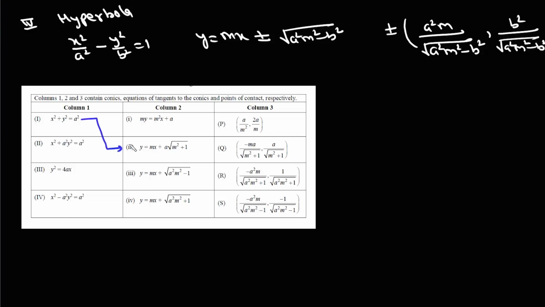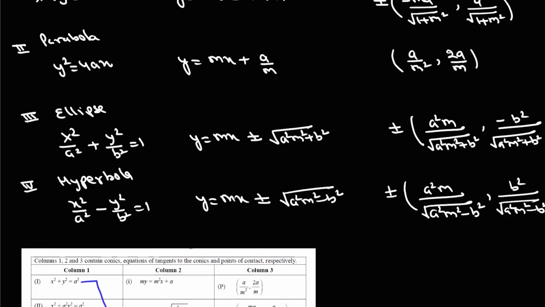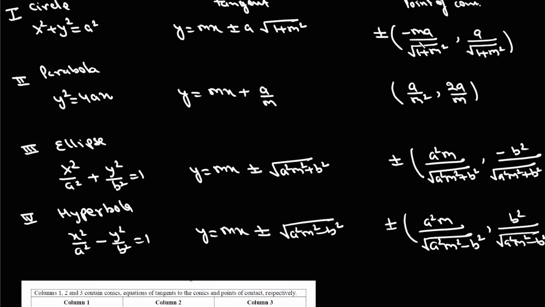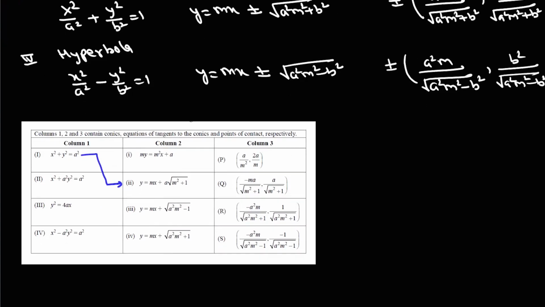And for circle, point of contact is minus am under root 1 plus m square comma a upon under root 1 plus m square. That means it matches with q. So first matches with second and it matches with q.